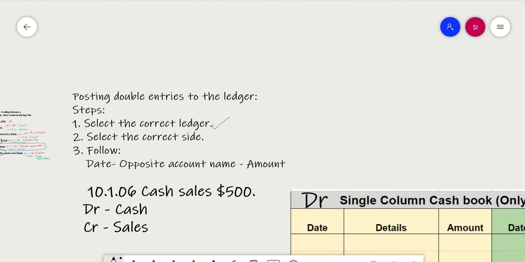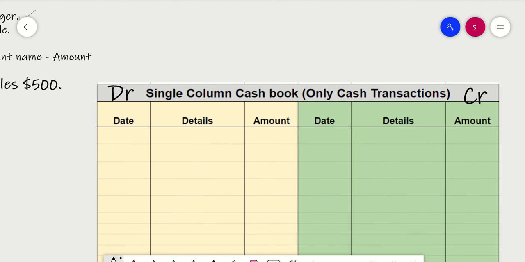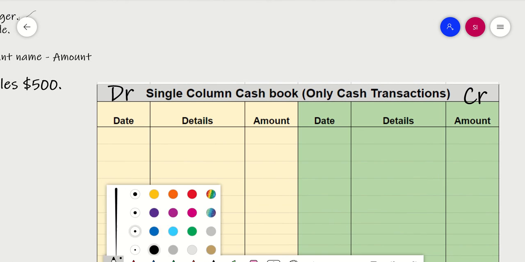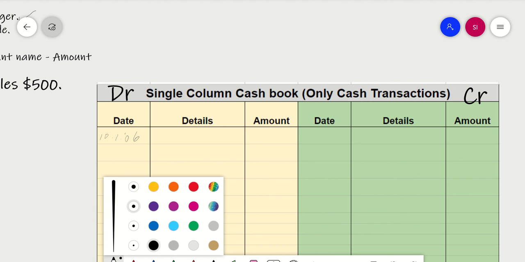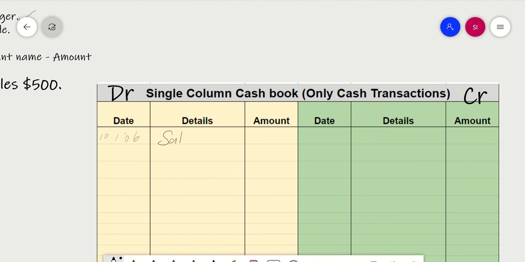And then now I had to choose the correct side of the ledgers. So I go to my single column cash book, right? I enter it on the debit side, 10/1/06, and then I write the opposite account's name, which is sales. And what's the amount? The amount is 500.